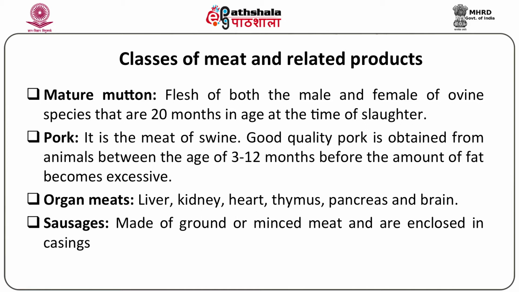So it is best to eat the pork between the age of 3 to 12 months. Organ meats also come under the class of meat. When I say organ meat, it includes the liver, the kidney, the heart, the thymus, the pancreas and the brain. And the sausages are products that are obtained from meat. It is made of ground or minced meat and which are enclosed in casings.